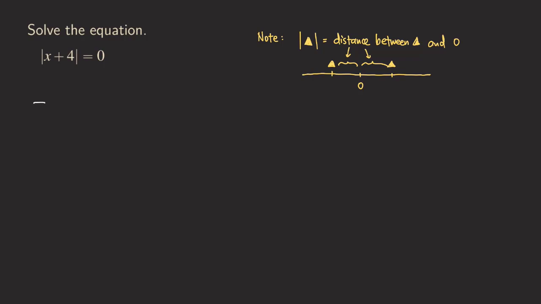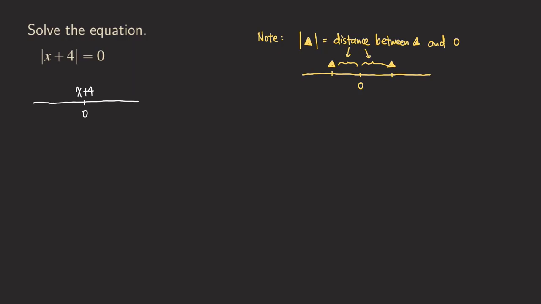How do we represent this if we are writing it? Now the distance is 0, so that means x plus 4 is not away from 0. That means x plus 4 must be at this spot only. And so we don't have two cases anymore for x plus 4 to be equal to that number.